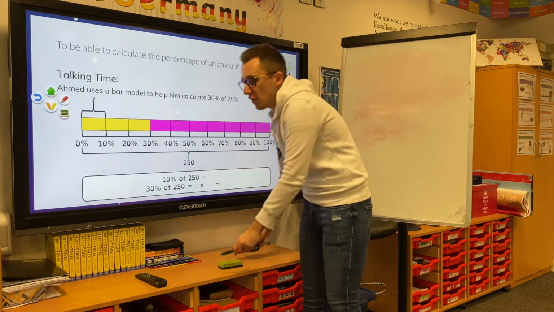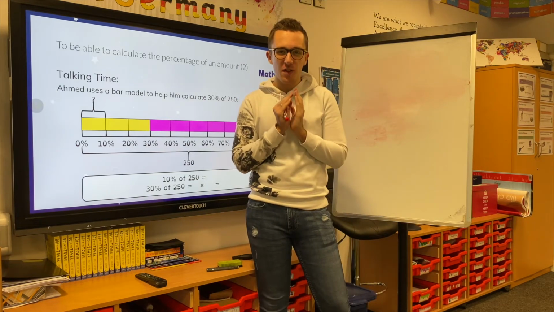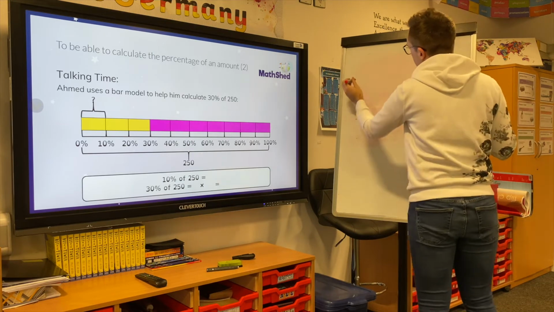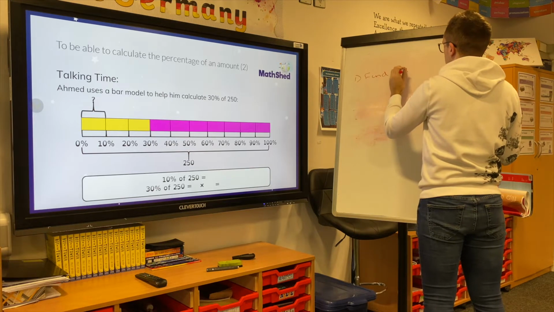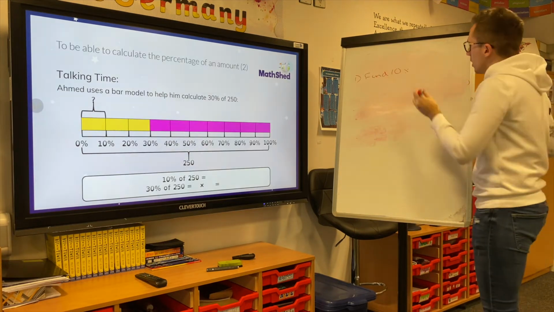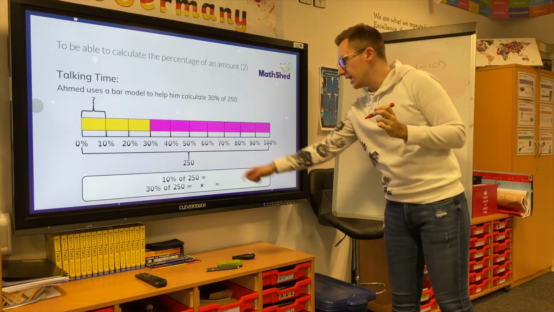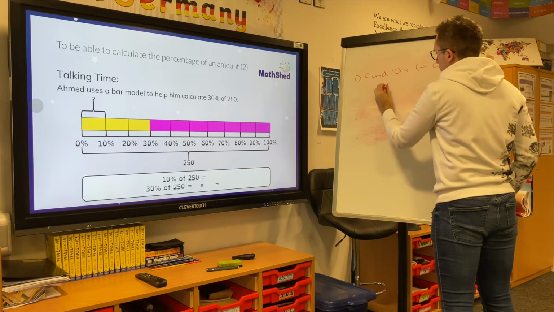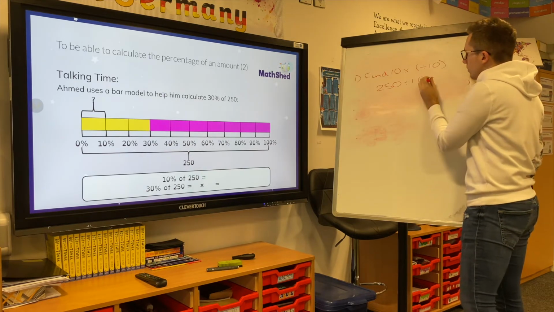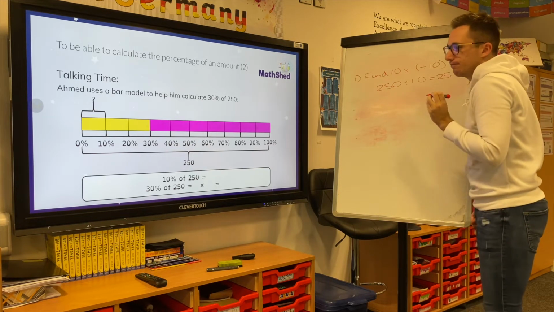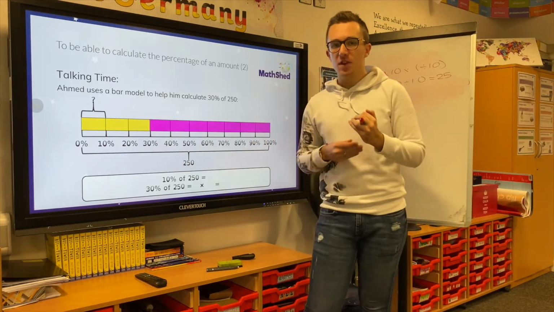This one here wants 30%. So the golden rule is this: find 10% first. So step 1, find 10%. How do we do that? We divide by 10. So if we do that here, we do 250 divided by 10, which is 25. And then we times it by how many lots of 10% we need.